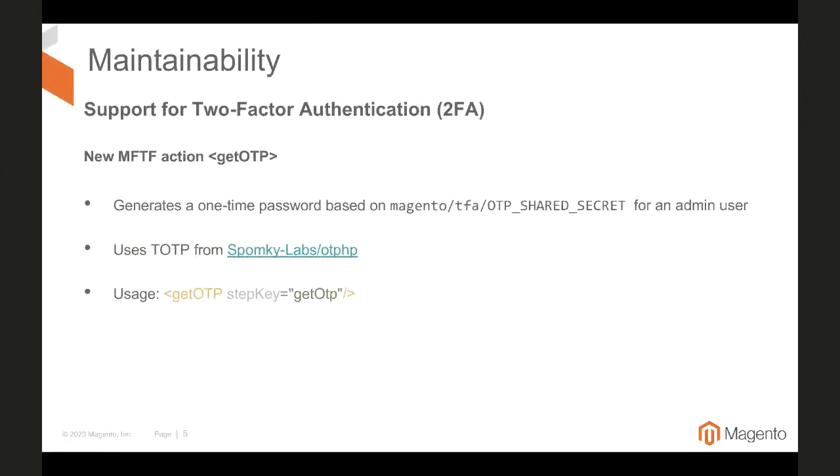If you want to find out more information, you can reference the documentation there. The usage for this action is just getOTP and a step key. You use the return value through the step key.